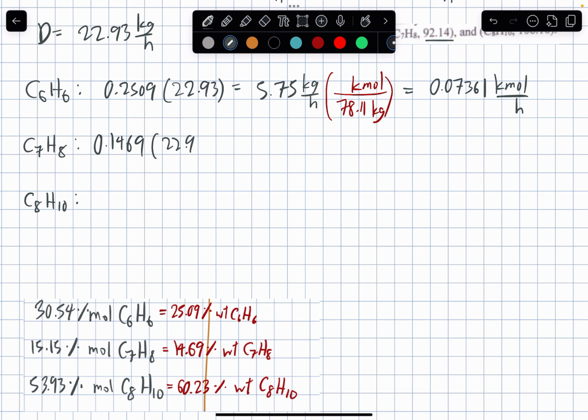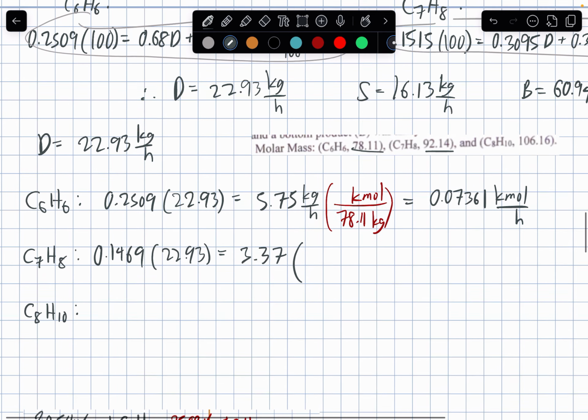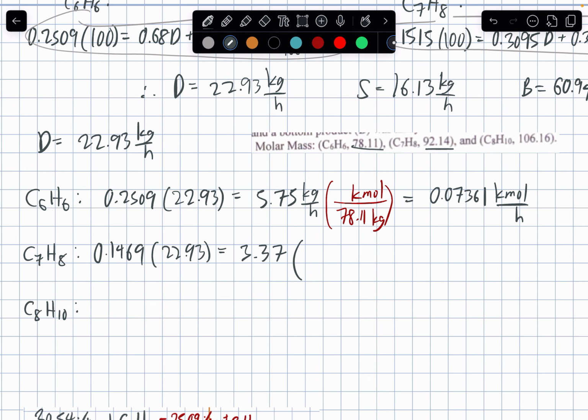And then times D. 3.37. No need to write the unit anymore. We already know what the units will be. This is enough.